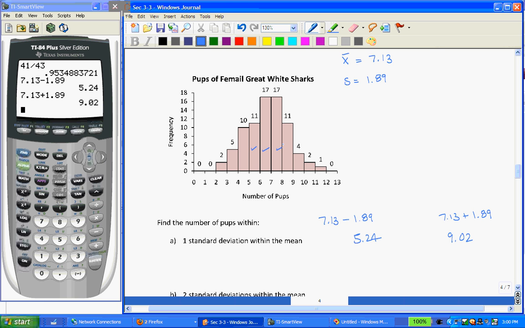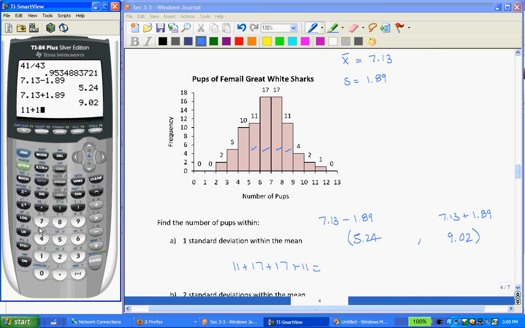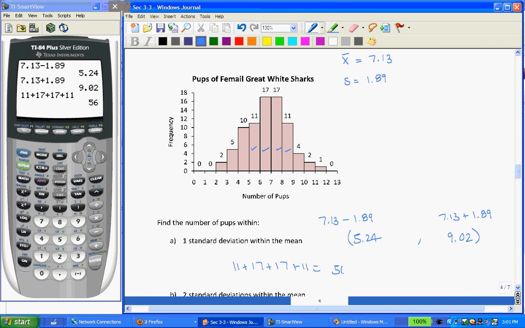So that means I'm going to take this one and this one and this one and this one, that 4. Let's see what percentage of data it actually represents. So this is the interval. I just want to check to see if it fits with the empirical rule. So for my frequencies, I'm adding up 11 plus 17 plus 17 plus 11. And that's 56.